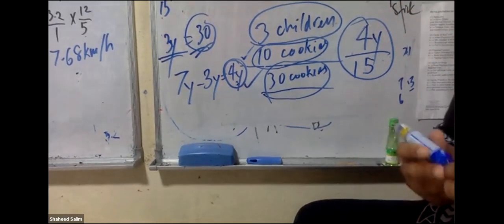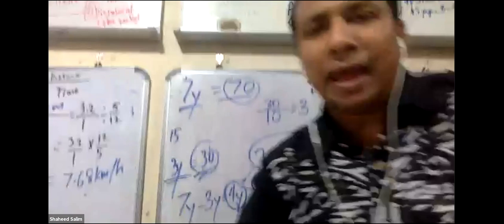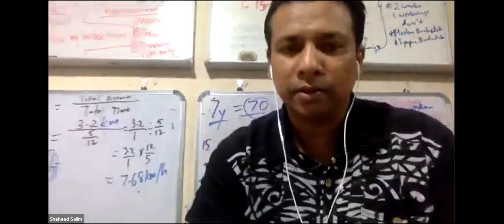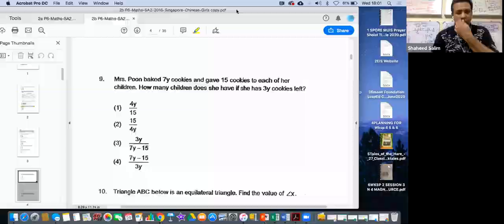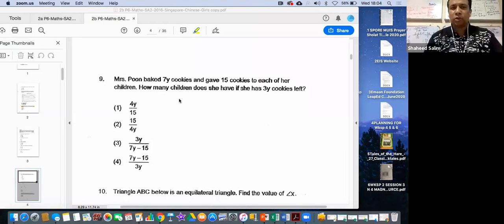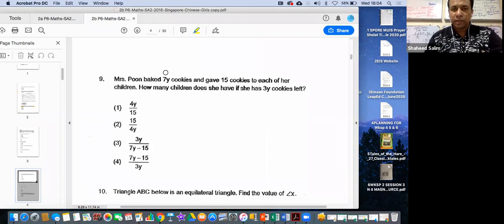By looking at your face, you don't understand. So I have to give my own question. All right? You have to be able to do this because it's not so tough. Now I'm going to change this. This one now I change to 9x.